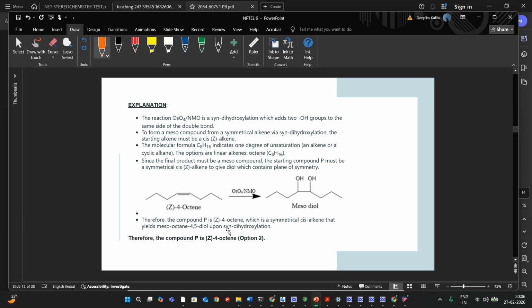So here you can see the reaction of Z-4-octene with osmium tetroxide and NMO, where the final product will be the meso diol.